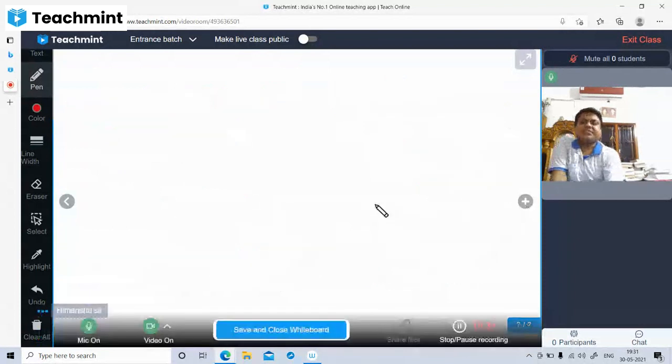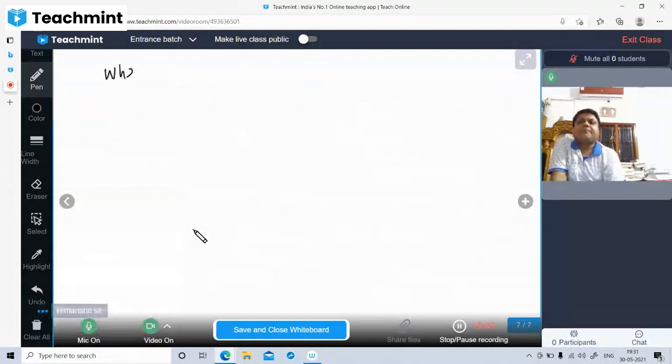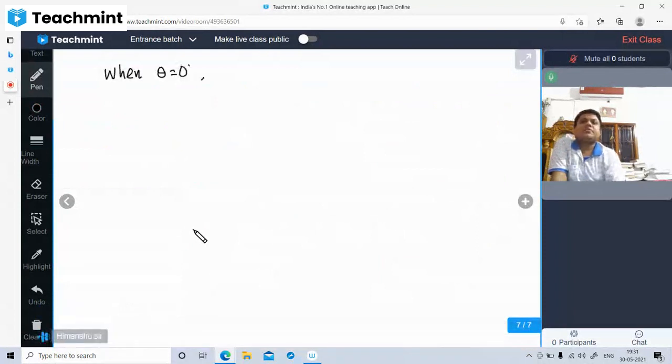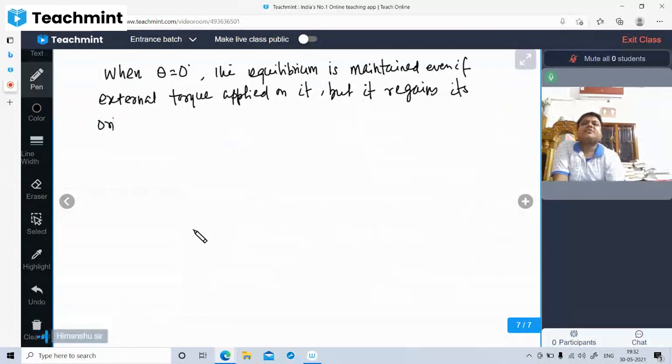So just write it down, 2-3 sentences. Okay. So when theta is equal to 0, the equilibrium is maintained even if external torque is applied on it, but it regains its original configuration just after the removal of it.